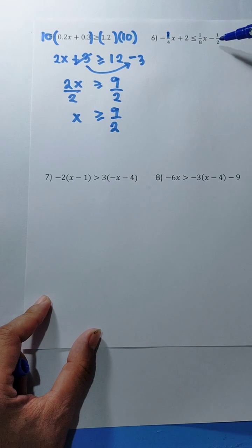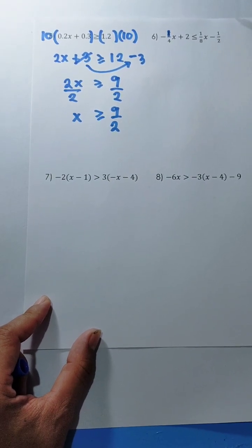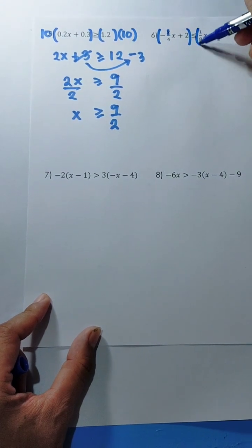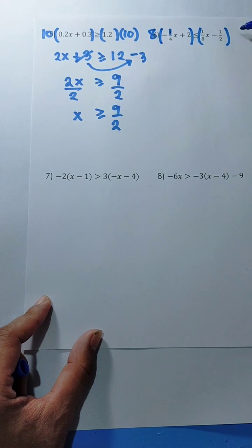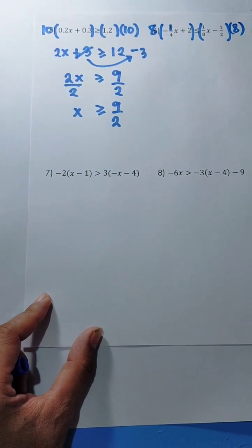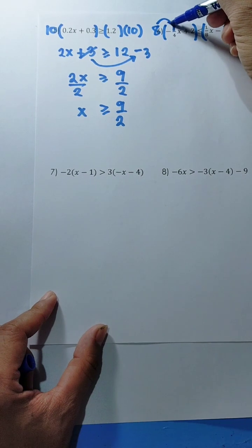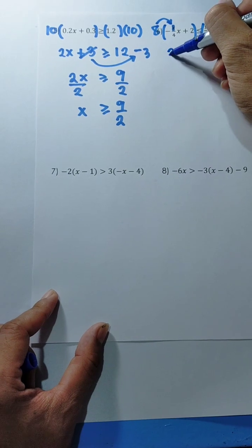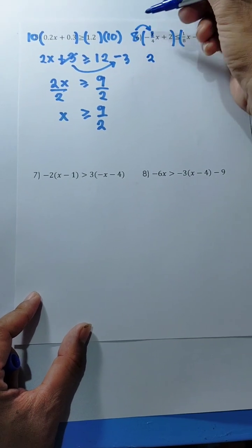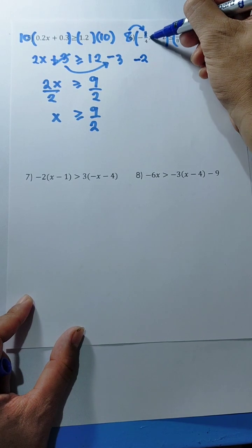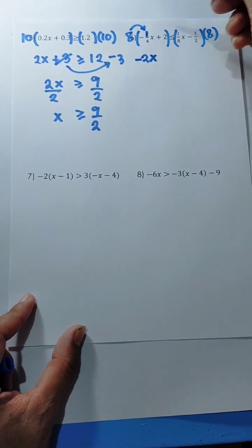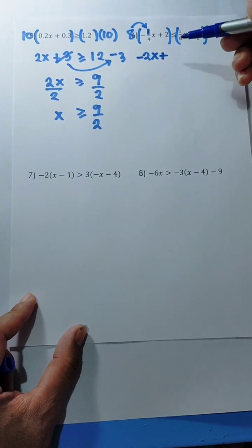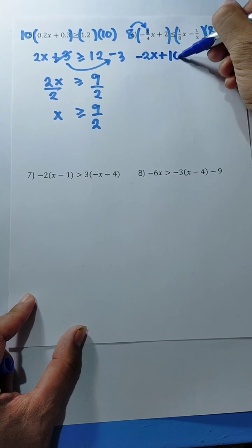The smallest number they can divide is 8, meaning we multiply both sides by 8. 8 times 1/4, or 8 over 4, is 2. You know this is positive times negative is negative. Of course, we include the x. This is positive times positive. Then 8 times 2 is 16.